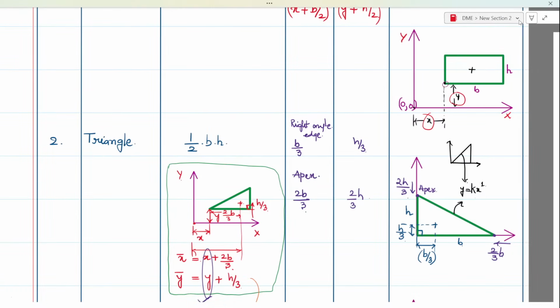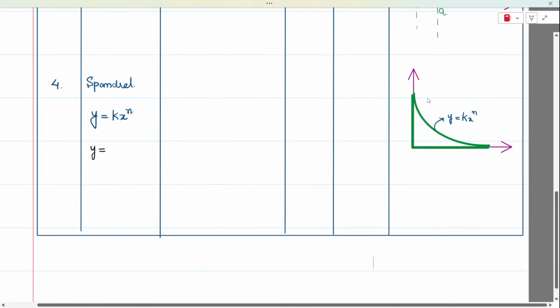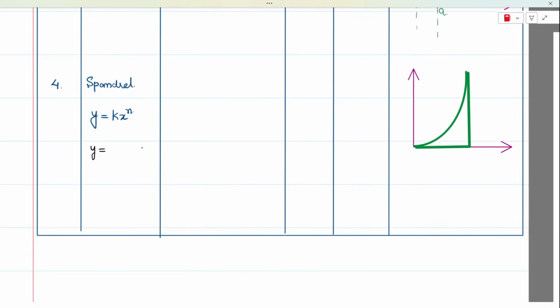And in the same way, in the next case, I need to modify this. Now the spandrel is exactly coincident with y is equal to kx power n.